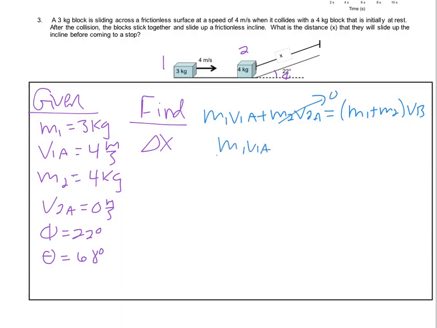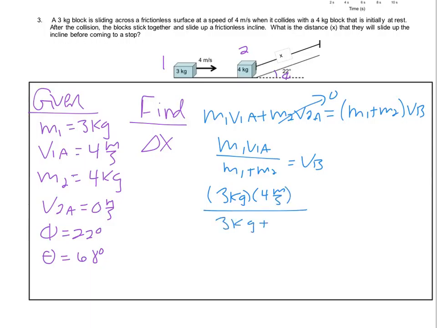So M1 V1A over M1 plus M2 equals VB. 3 kilograms times 4 meters per second over 3 kilograms plus 4 kilograms equals VB. So this is 12 divided by 7. We get 1.71, keeps on going, meters per second equals VB. What did I solve for here? That's the speed of these two blocks once they stick together and start sliding up the incline.